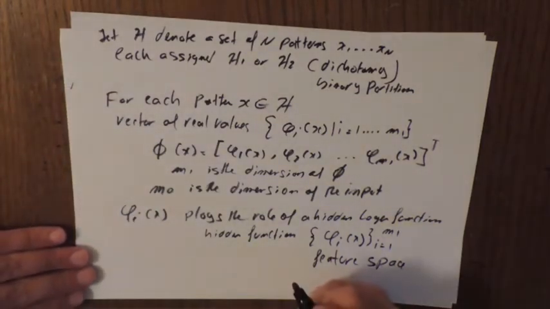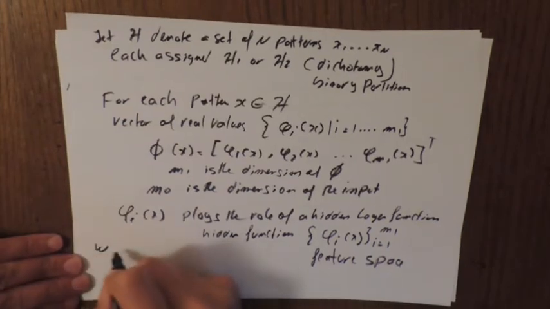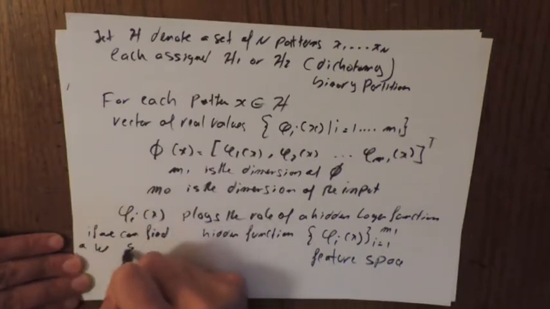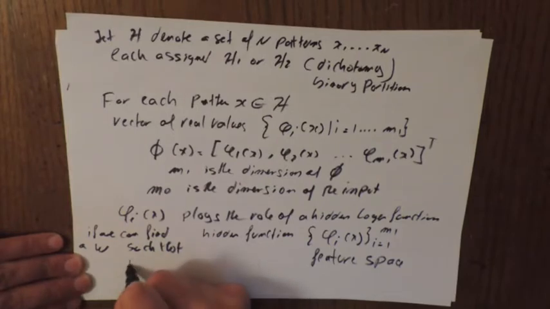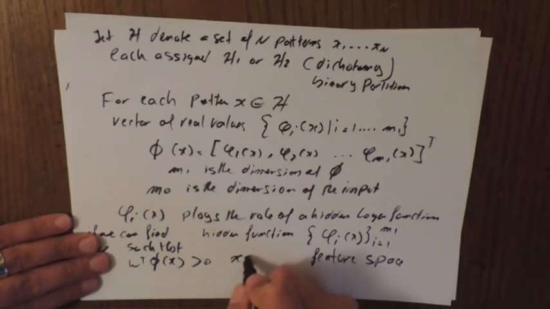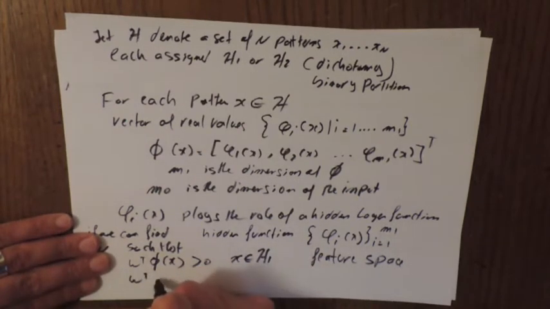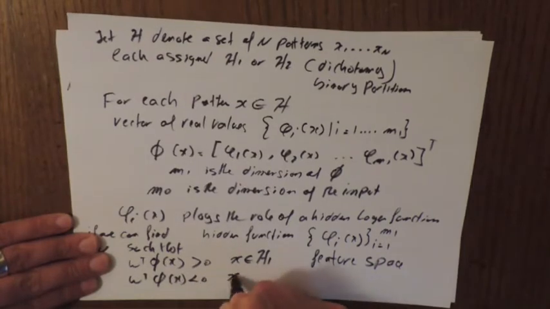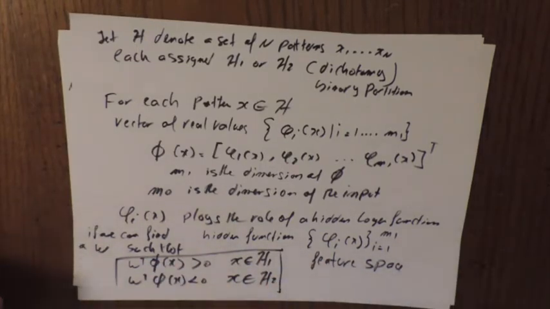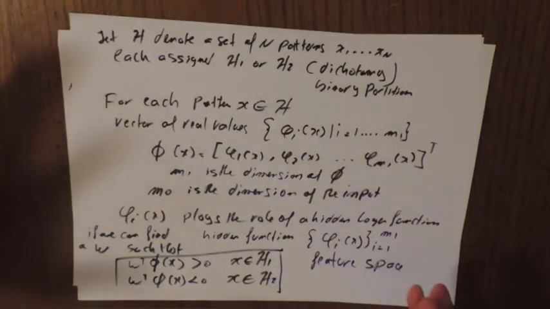And if we can find a w, a weight, such that w transpose phi, big phi of x, is greater than 0, then x belongs to H1, and w transpose phi of x smaller than 0, x belongs to H2, then we have achieved our dichotomy or our binary partition, and we achieved a place where we can linearly separate the input into those two partitions.